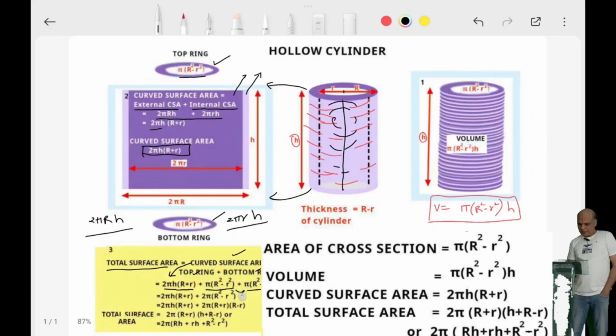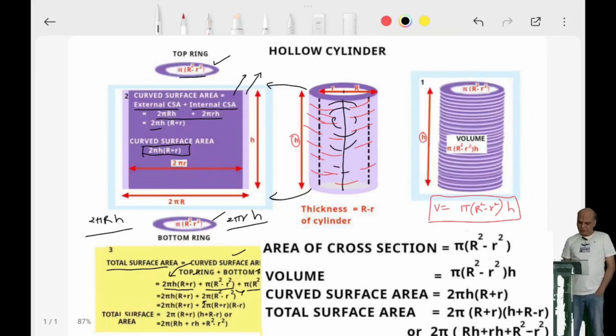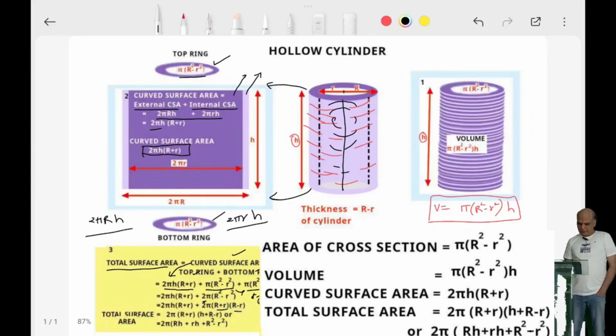When we add these two terms, you get 2 pi into capital R square minus small r square. Okay, so this R square minus r square is in the form of a square minus b square. So I can write it as a plus b and a minus b. So R square minus r square, I can write as R plus r and R minus r.